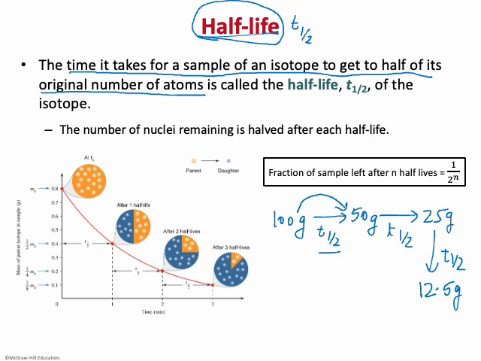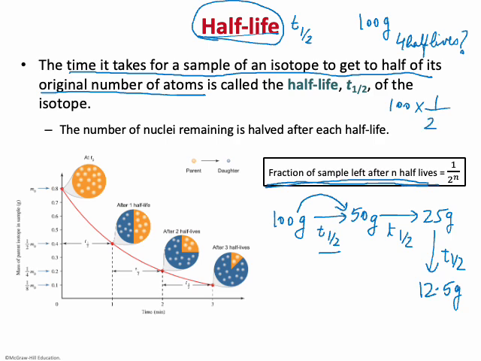Okay, another very easy way to figure out how much sample is left is this. The fraction of sample that is left after n half-lives is 1/2 to the power n. For instance, let's say I started with a sample which was 100 grams. How much of this sample is left after 4 half-lives? 100 is what I had, multiplied by the fraction 1/2 to the power n.